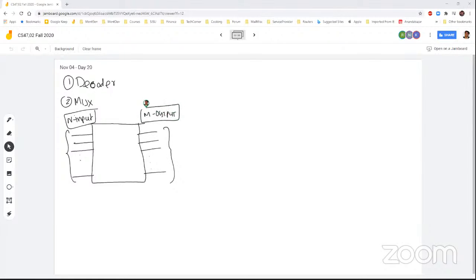Any digital component, okay? But it has to maintain a relation. So this is a decoder. It has to maintain a relation which is n less than or equal to m less than or equal to 2 to the power n. Right? So this condition must be met so that we call it a decoder.